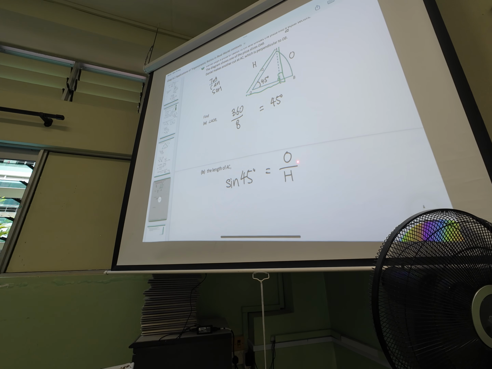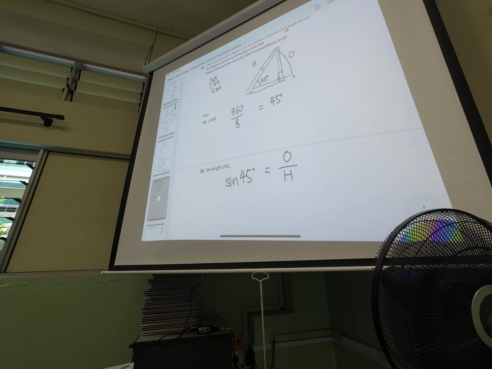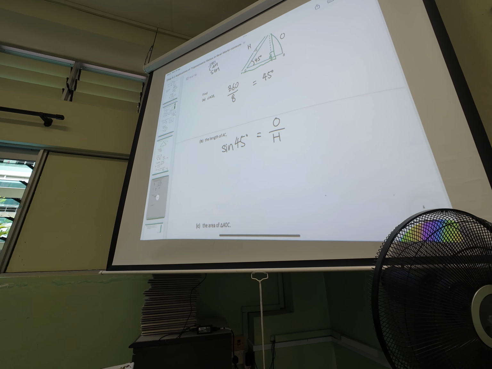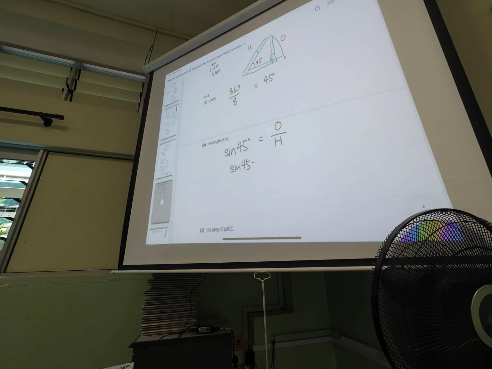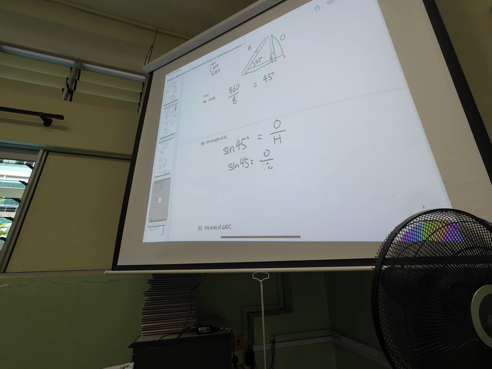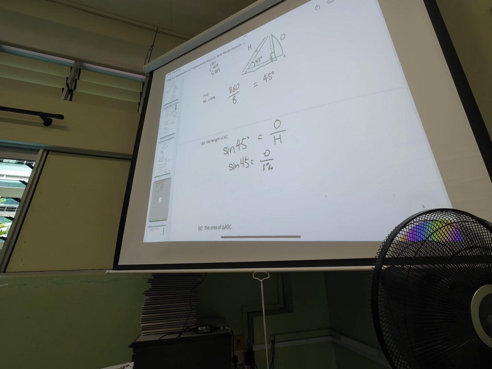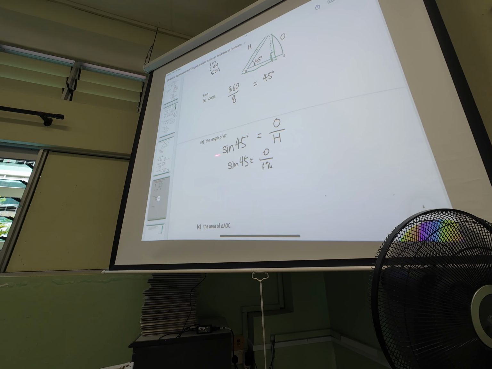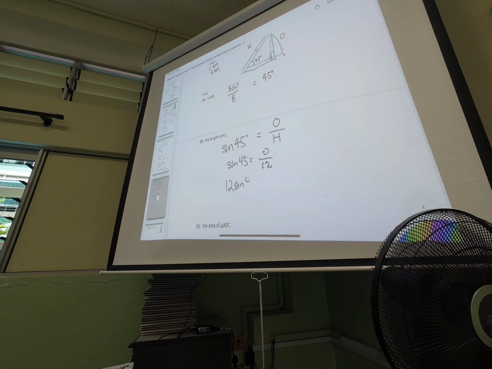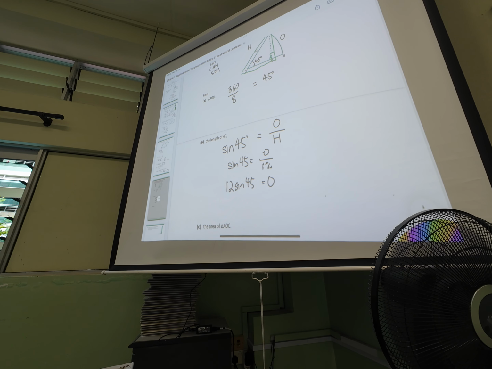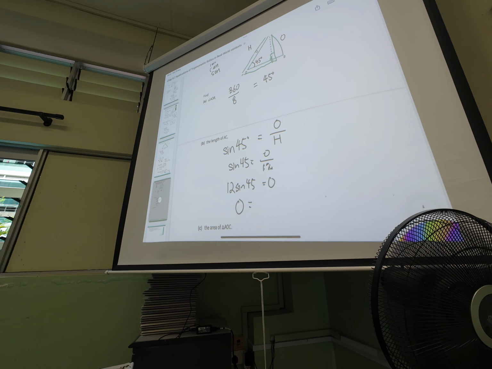I don't know the opposite, I know the hypotenuse, then my equation can simplify into O over 12. To solve for O, I multiply 12 to both sides. Sine 45 is my opposite. So, press calculator.